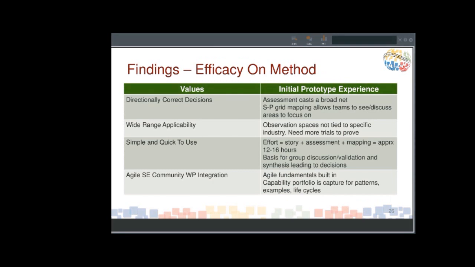So this is just a summary chart of the efficacy of the method we are at right at the moment. The values that I talked about early on are on the left, and what we've experienced so far is on the right. Okay, and I guess the singular point that I just want to bring out is we believe we have a set of tools, and our own experience says it was pretty quick to get through this.